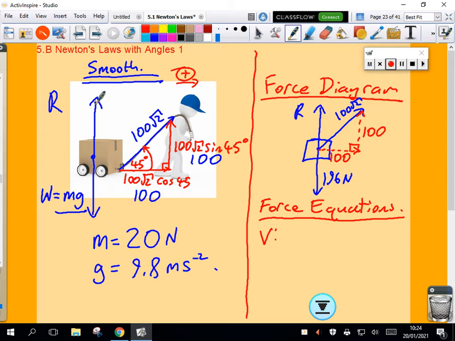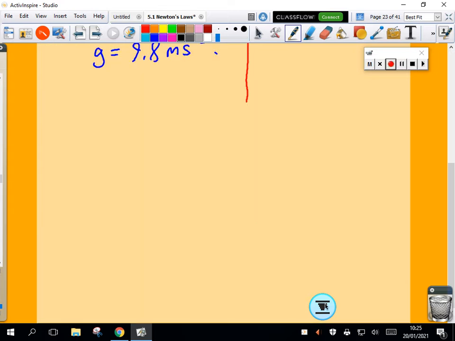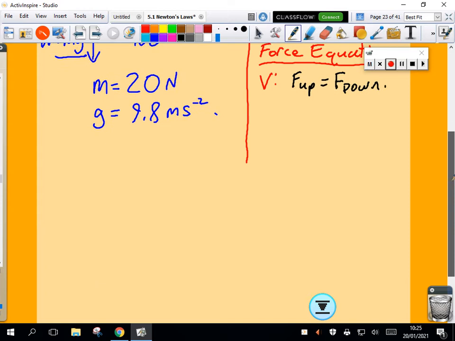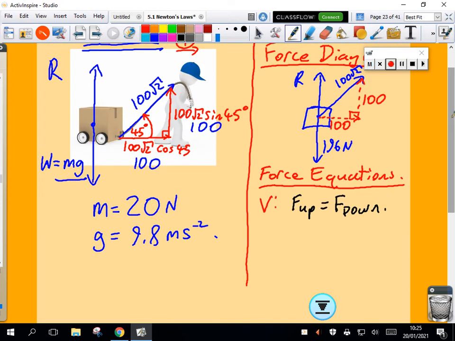It's going to slide across the floor. So vertically, the forces up are going to equal the forces down, assuming this box is moving horizontally across the floor.